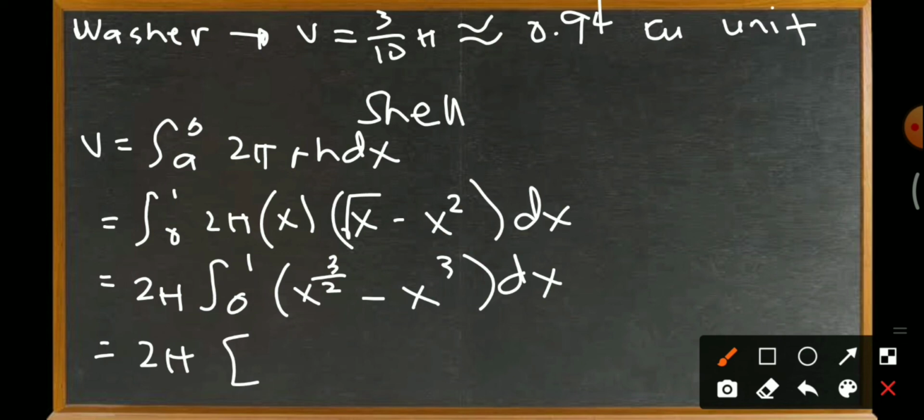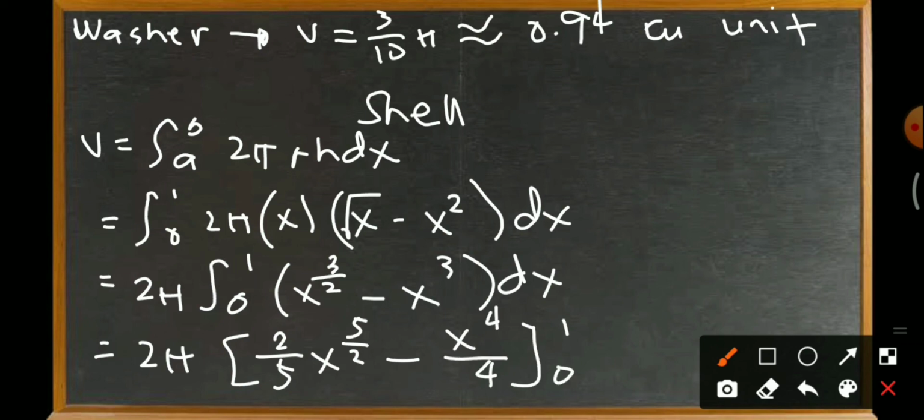The antiderivative of x to the power of 3 over 2 is 2 over 5 times x to the power of 5 over 2, minus the antiderivative of x cubed, which is x to the power 4 over 4, from 0 to 1.